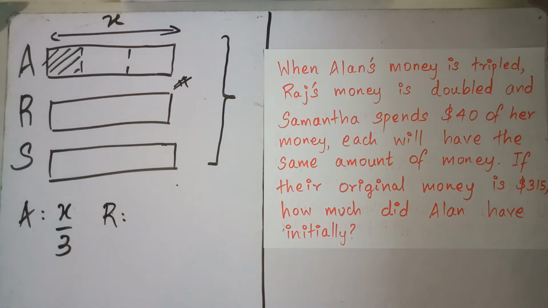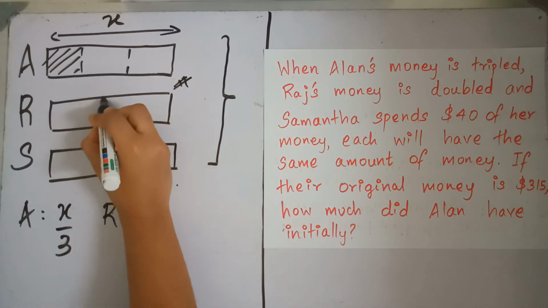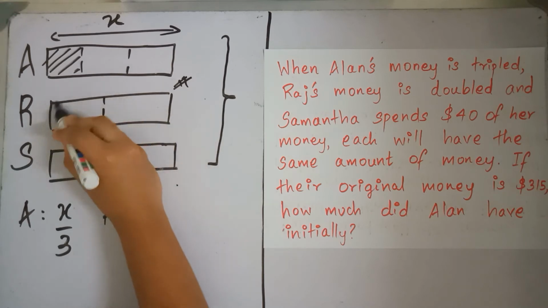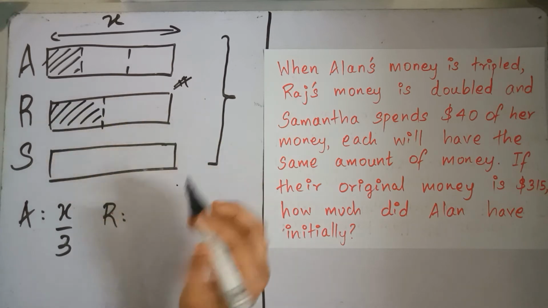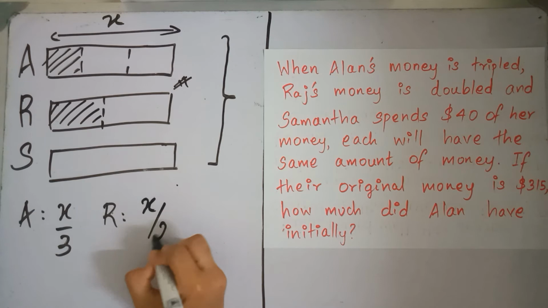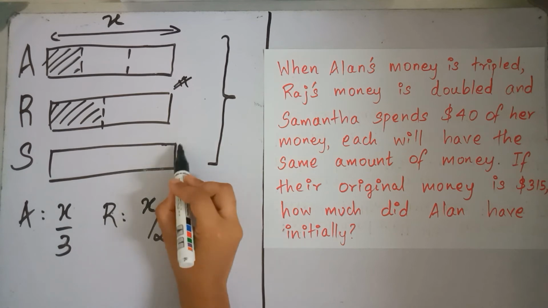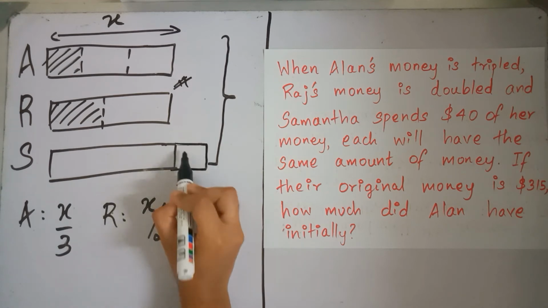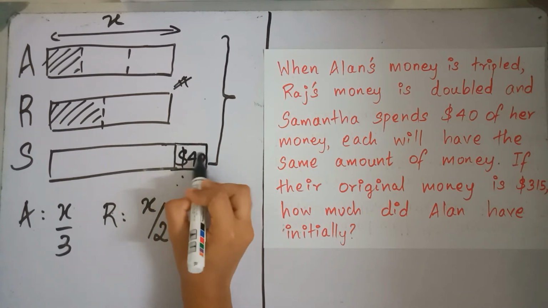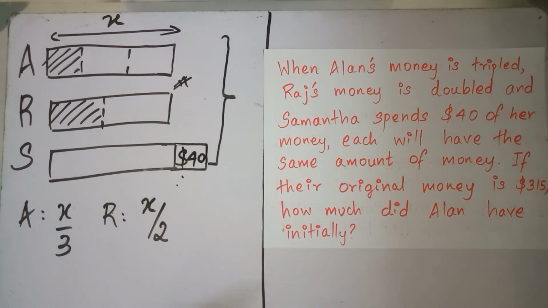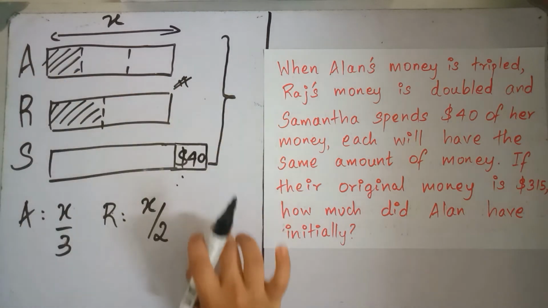Raj's money gets doubled. So initially he must have had only half of X, X by 2. Samantha on the other hand spends $40 of her money to come to this condition. So she must have had $40 extra initially.